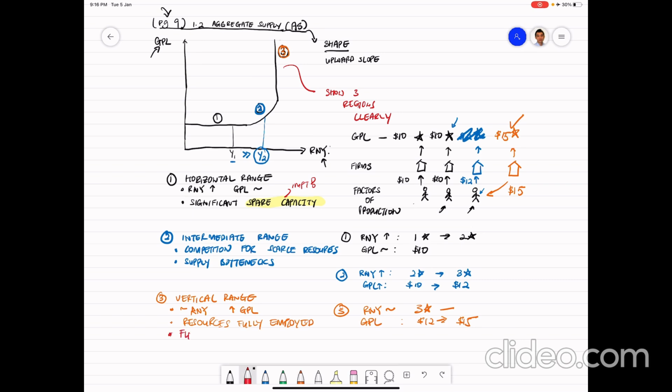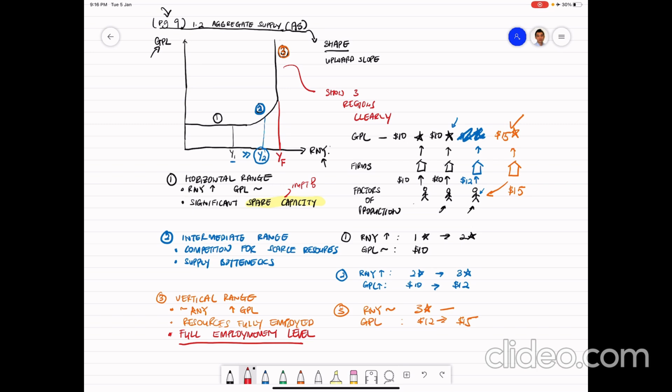the full employment level. This special full employment level, or the amount of goods and services that characterize this full employment level, is given a very special label. It's called Y, subscript F, standing for full employment level.